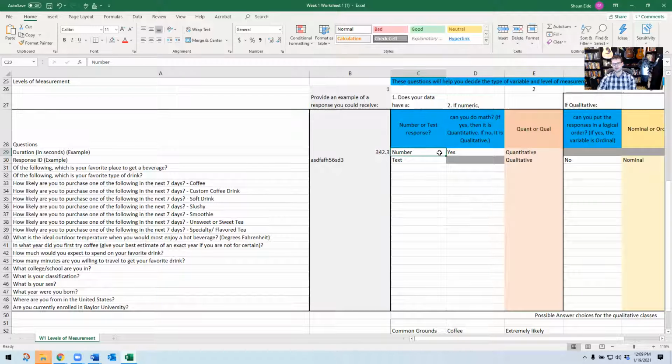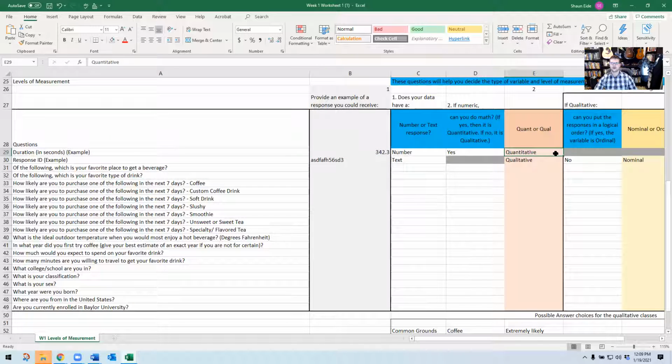And when I say number, the next question that I have is, if it's a number, can I do math with it? And so right here, you say, yes, I can do math with it. And the reason why is 342.3 seconds might be 10 seconds more than 332.3 seconds.